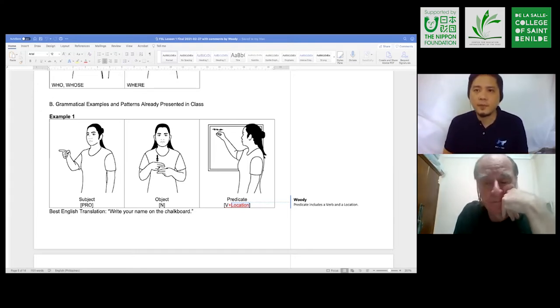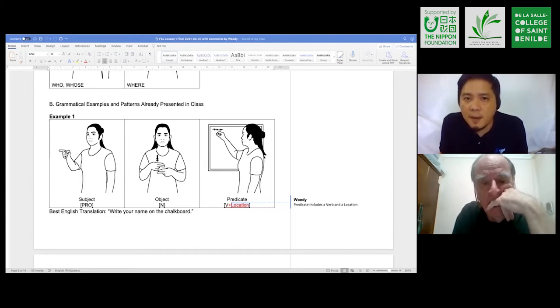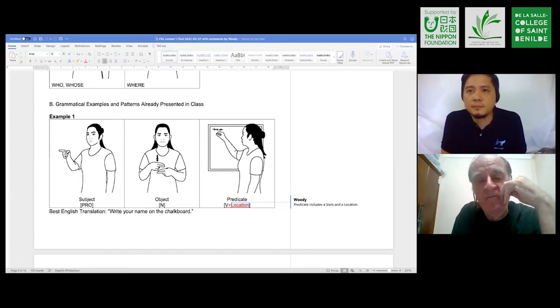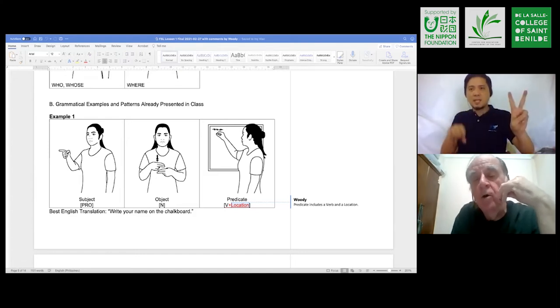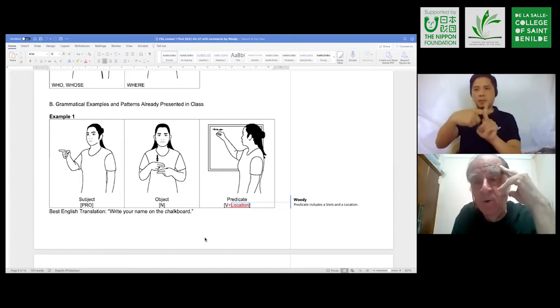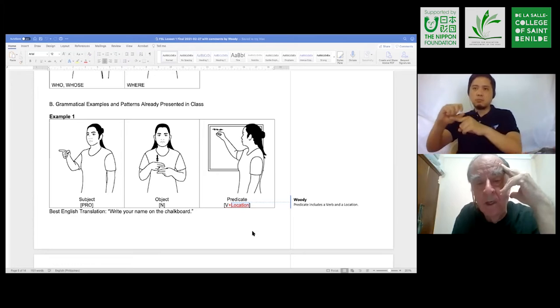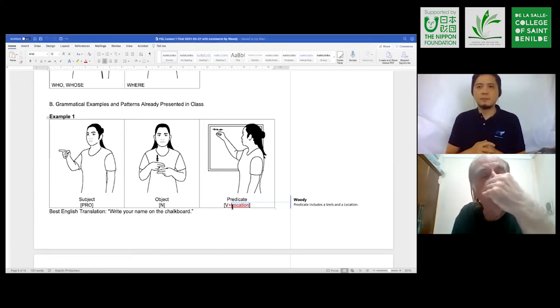Okay, what do you think? So caps on all, sir? All caps? For the V as well? Yeah, V plus LOC, I think is fine. If you want to put location, maybe that should go in all caps too.